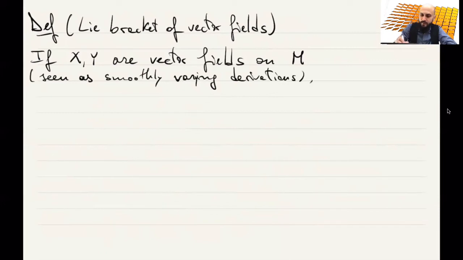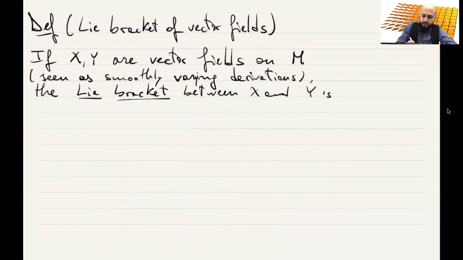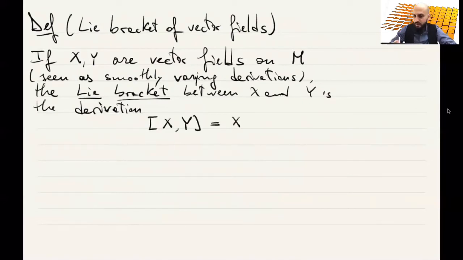Then the Lie bracket between X and Y is the derivation denoted with the bracket [X, Y], that is XY minus YX.